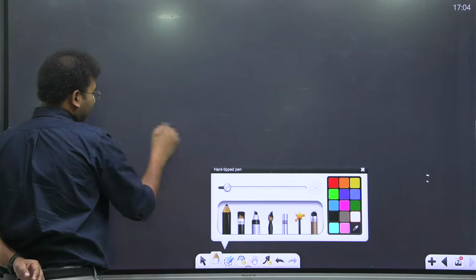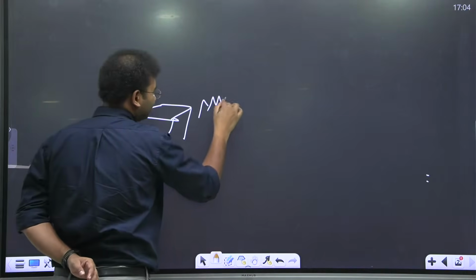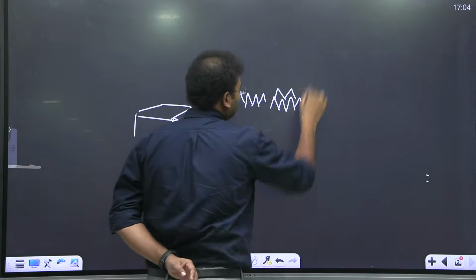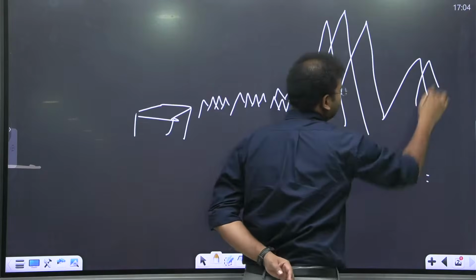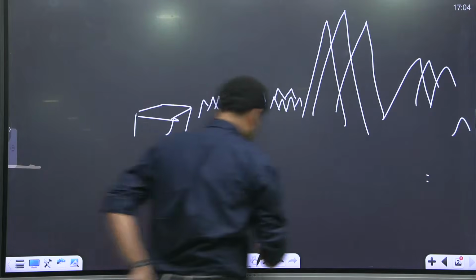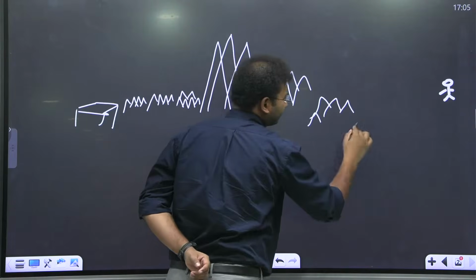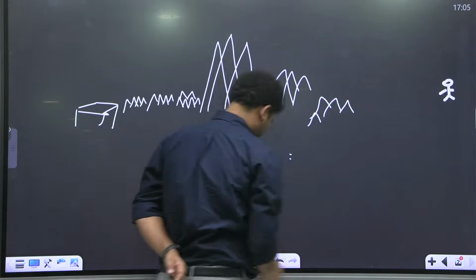Let's say this is your Tibet. This is your Karakoram. Then this is your Ladakh. This is your Zanskar. This is your greater Himalayas. This is your lesser Himalayas. Then Shivaliks. Agreed? Height wise. Then Shivaliks. So this is your northern plains. In fact, Tibet is 4.